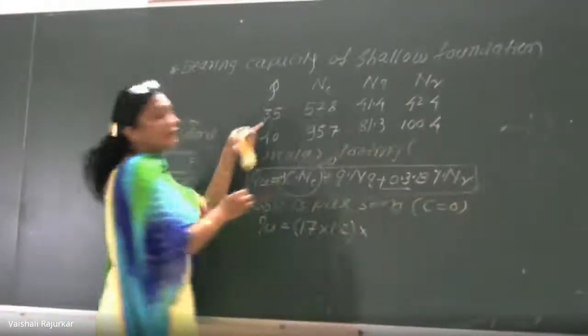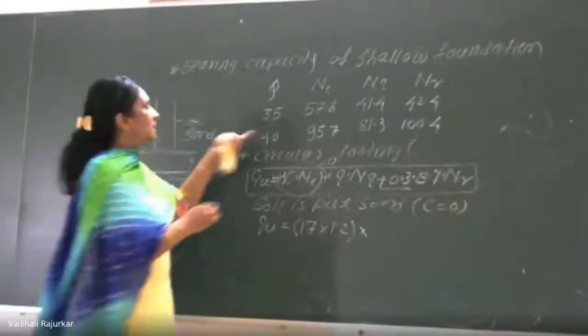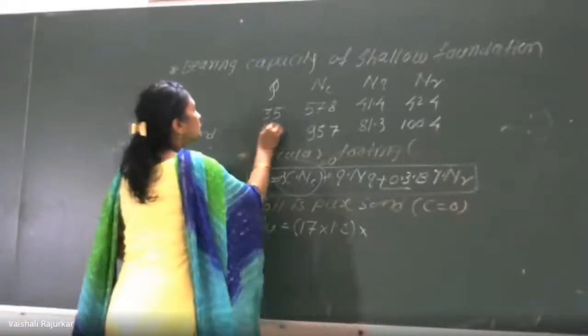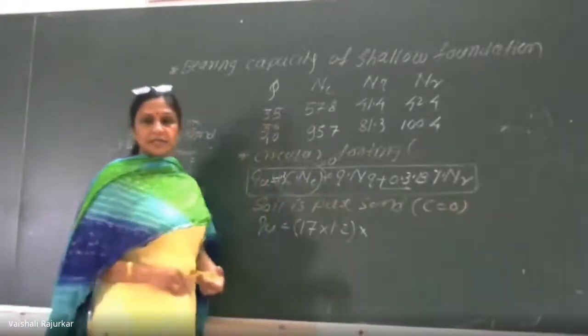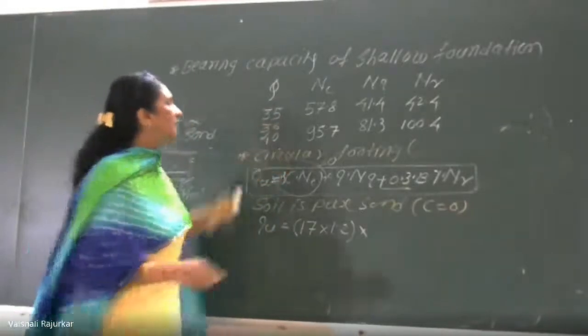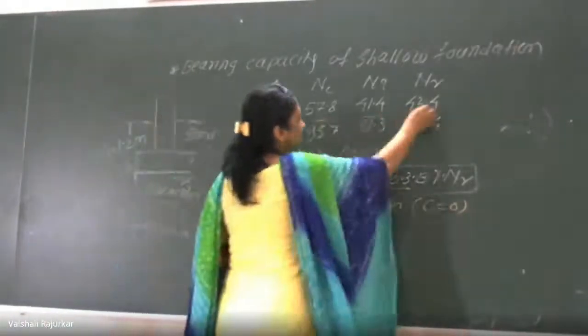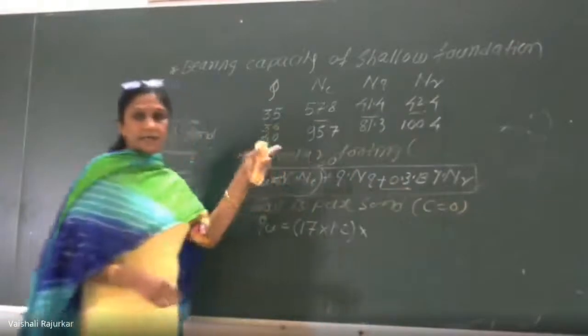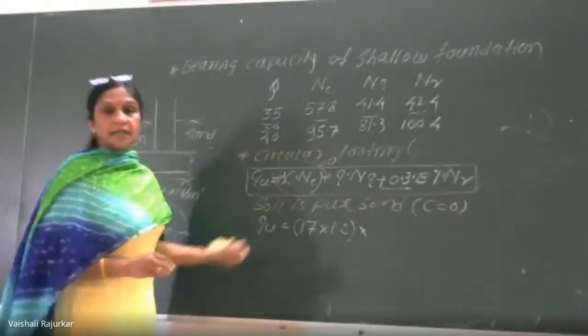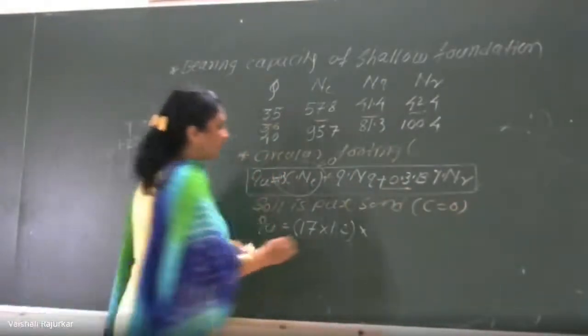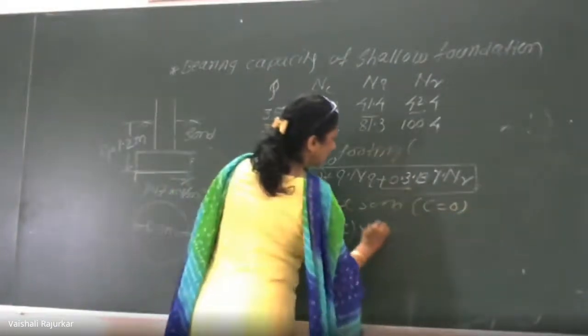Then you have to interpolate the values, because values are given for 35 and 40. So you have to interpolate between the values and calculate. Once you get these values by interpolation, then you just write down the things.